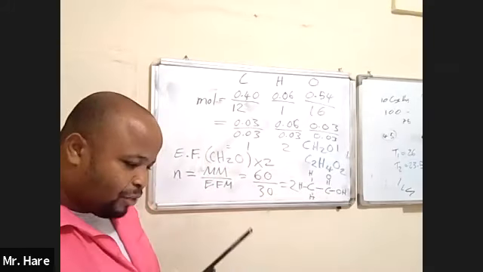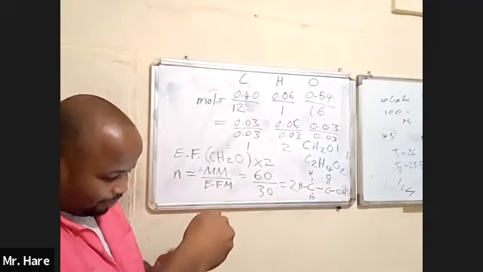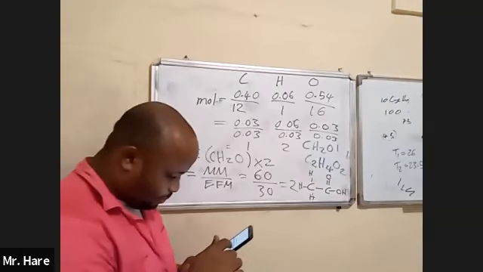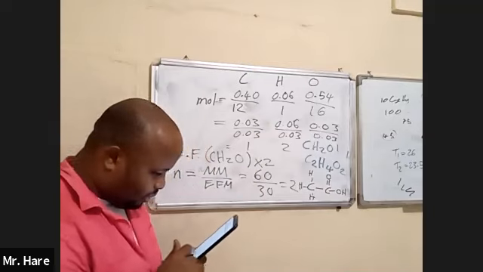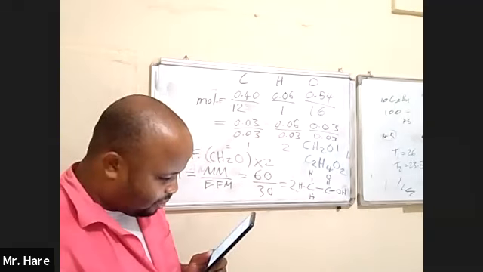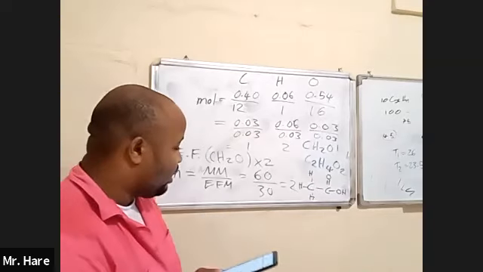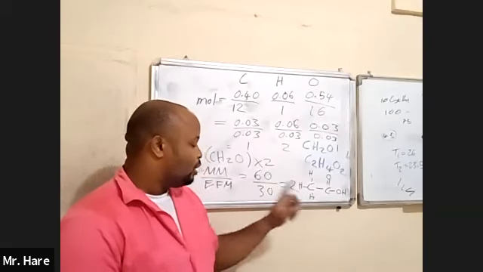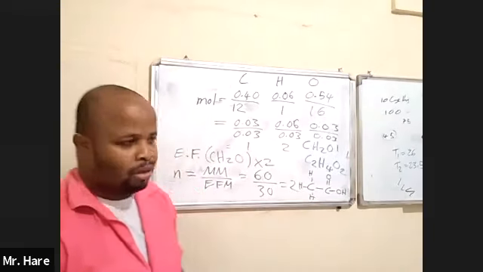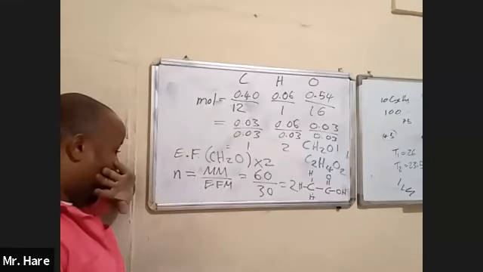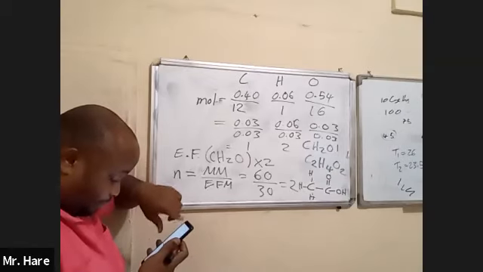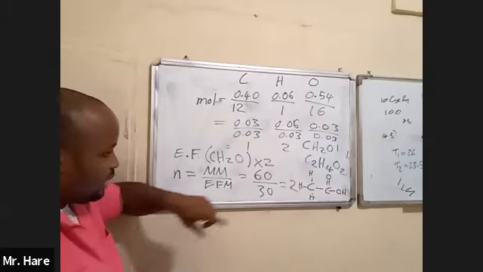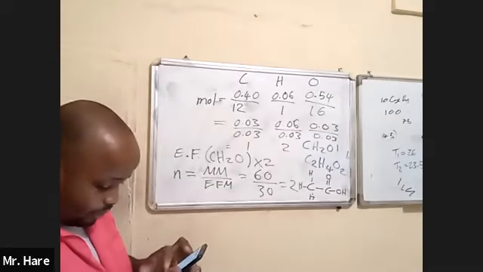So which homologous series does it belong to? Carboxylic acid. And draw the structural formula of the chloro-substituted compound of A. All you have to do is substitute one of these hydrogens with chlorine. What question is that? We're still on number 1.